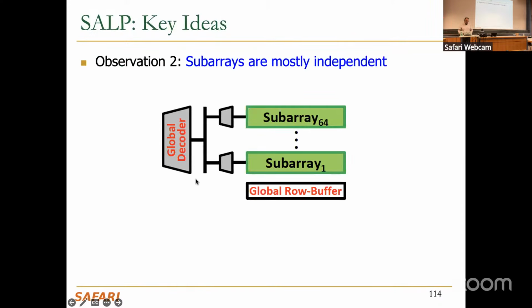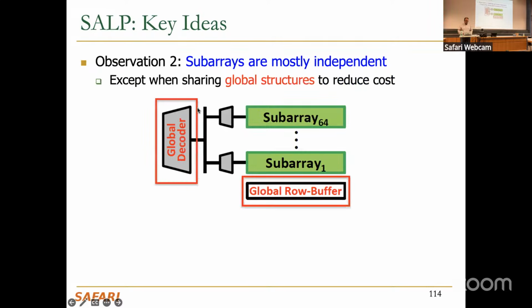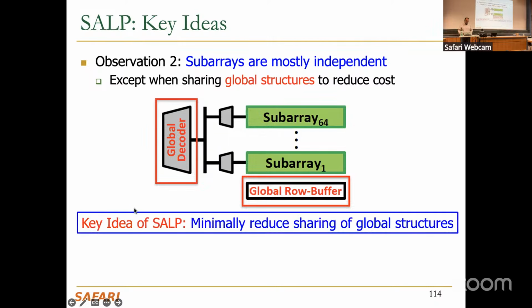The key idea is also based on the second observation, that subarrays are mostly independent, except for the global decoder, since they share global structures to reduce cost. So the key idea of SALP is to minimally reduce sharing of global structures, and the global row buffer, which we should not actually call a row buffer.